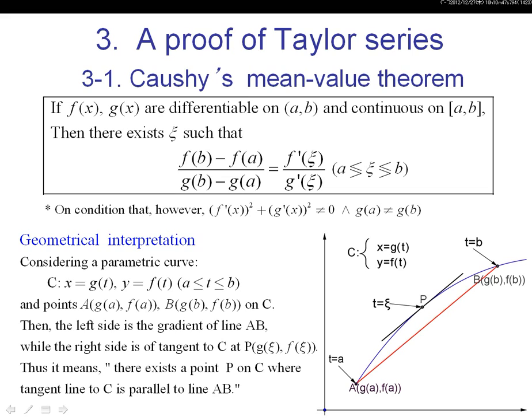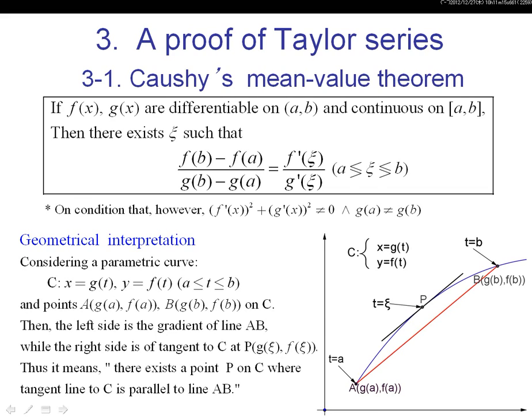And there is a geometrical interpretation which is very easy to understand. We make a parametric curve C by x equals gt, y equals ft, this blue one. And we take 3 points, point A and B and P. A is a point on C for t equal a. B is a point on C for t equal b.